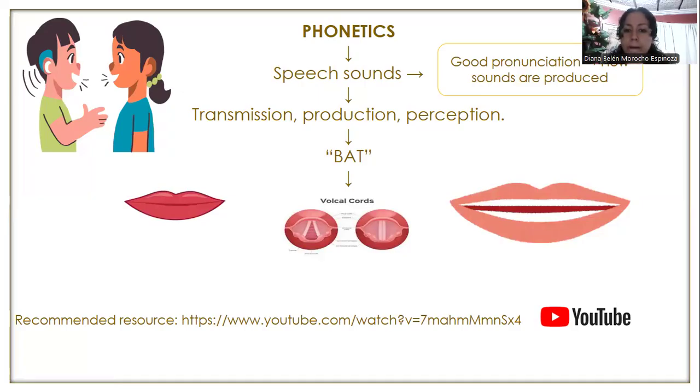So to start the word bad, we will have to bring both lips together in this position, and release air with vocal cords vibrating. Then for the next sound, our tongue will be low and at the front of the mouth. And finally, the last sound is produced by blocking airflow at the alveolar ridge and releasing it.